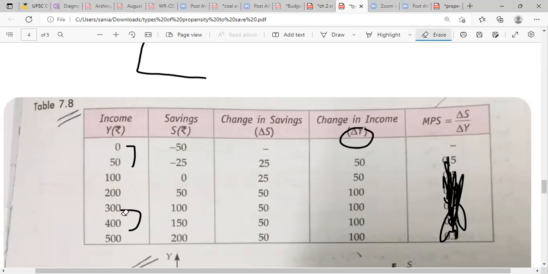Doing MPC, MPS. Okay, do it and let me know. Okay.